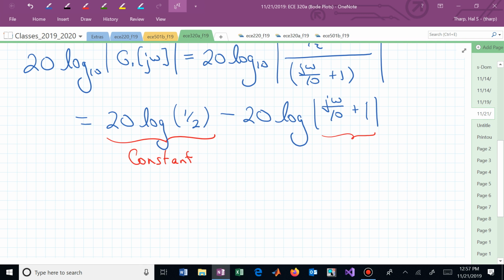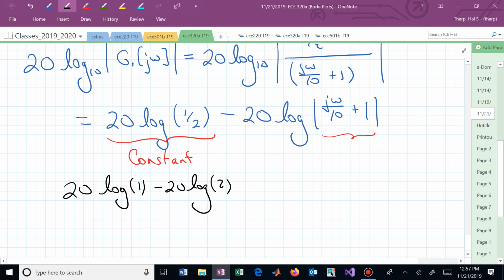You could even invoke the logarithm property again and say, oh, that's 20 log of 1 minus 20 log of 2. And what's log of 1? 0. So this one now is 0. And what's log of 2?